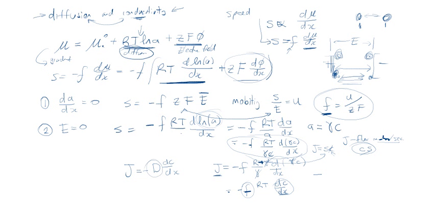And so we can now write that D is equal to this frictional term RT. Great. So basically the diffusion constant is some temperature scaled version of the frictional coefficient.